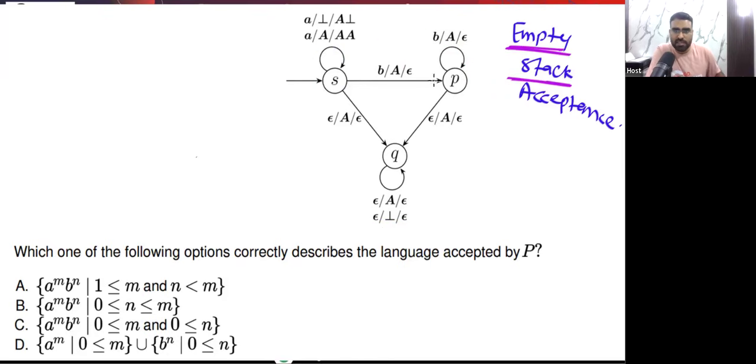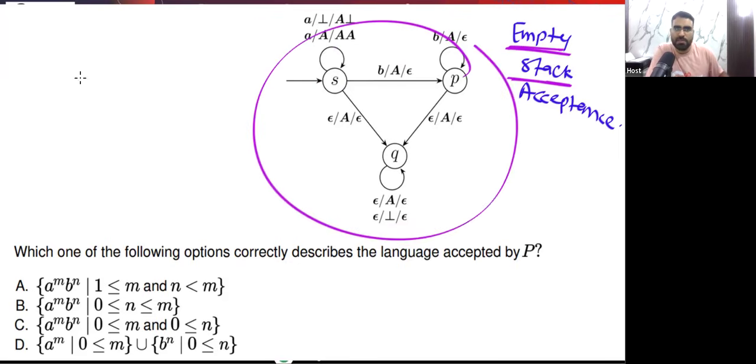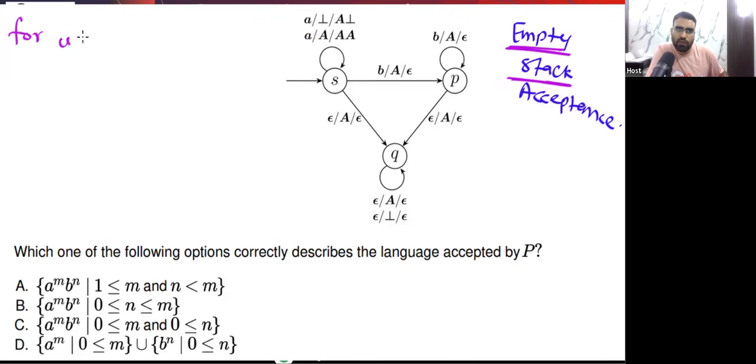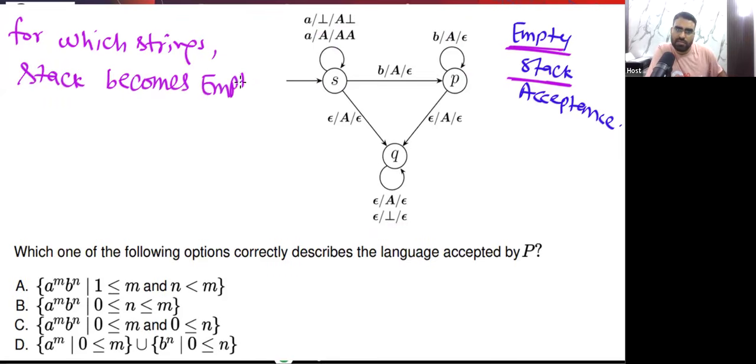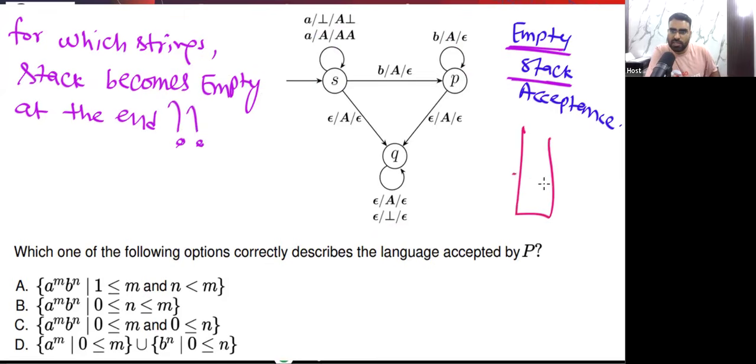For which strings does the stack become empty at the end? And remember, initially your stack has this symbol. This is the initial situation of the stack.